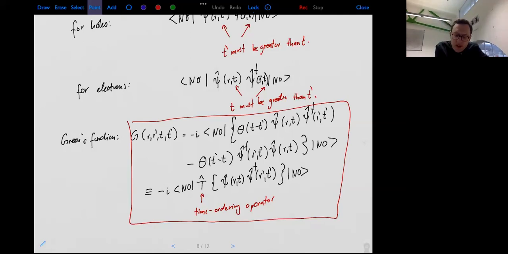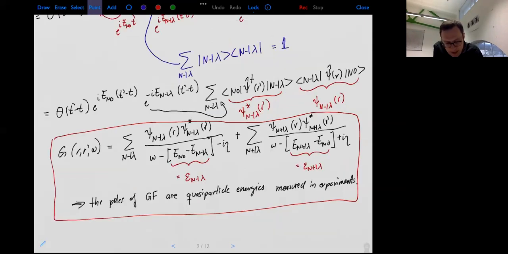Next, we made a connection between the Green's function and the quasi-particle energies that are measured in, for example, a photoemission experiment. And what we derived was the following expression for the Green's function in frequency space. And the important bit here, so this is an exact result, so no approximations whatsoever.